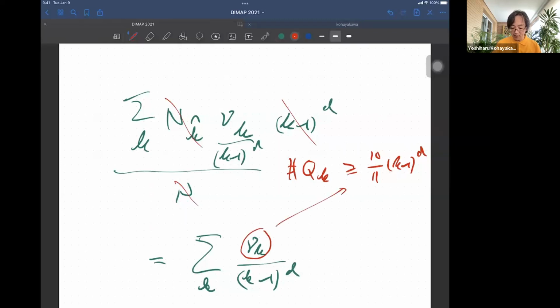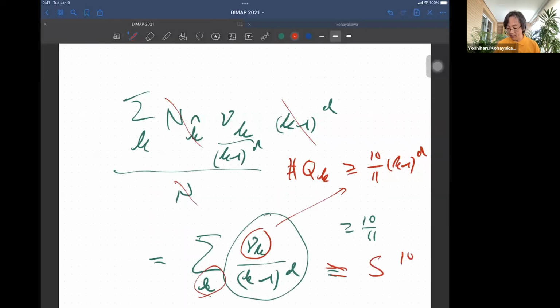Great, so that means that this ratio is some constant, 10 divided by 11. So it's just now a matter of recalling how many Ks I have. We were able to get, this was S, 10 divided by 11. So what is S? It is the Ks that I could fit in the lemma.